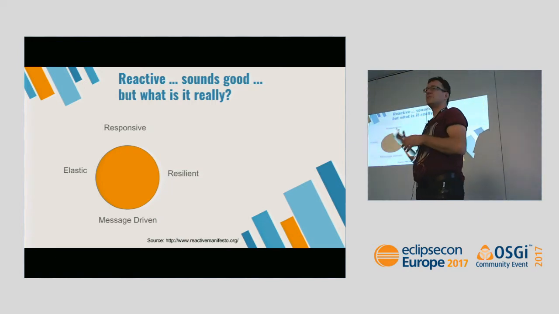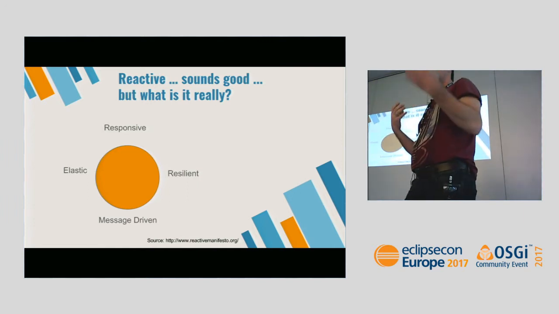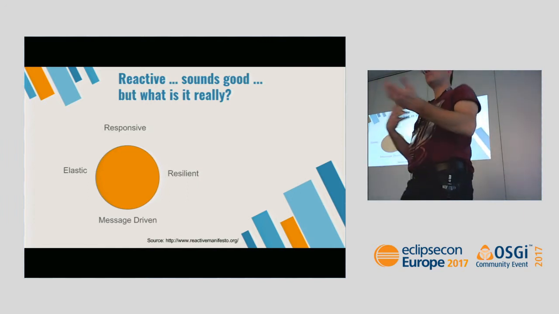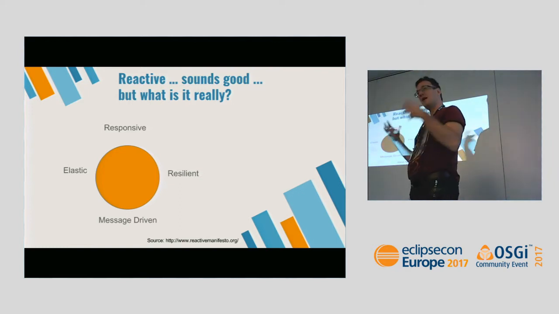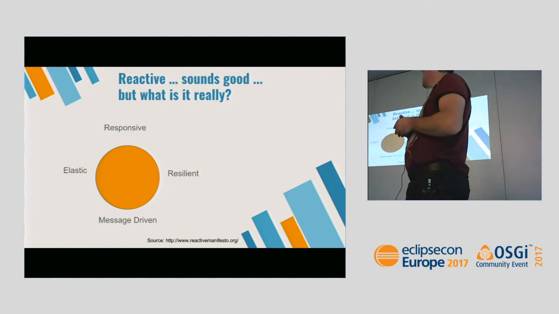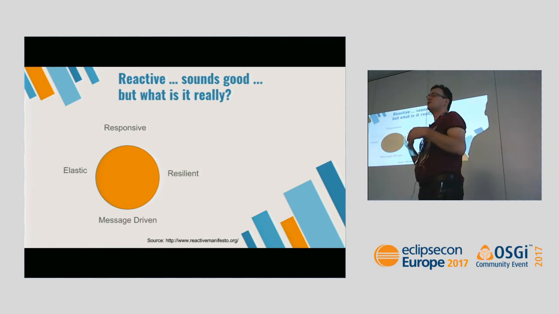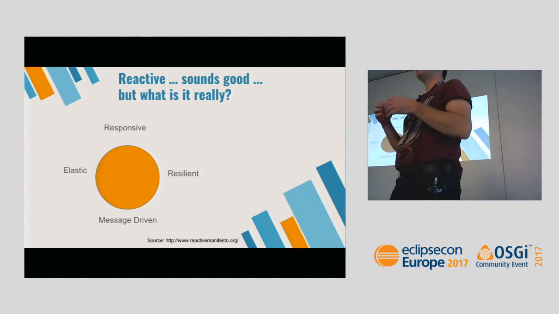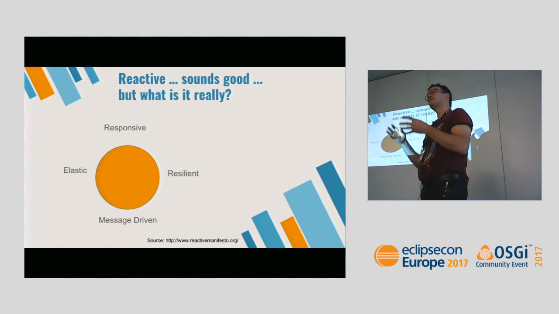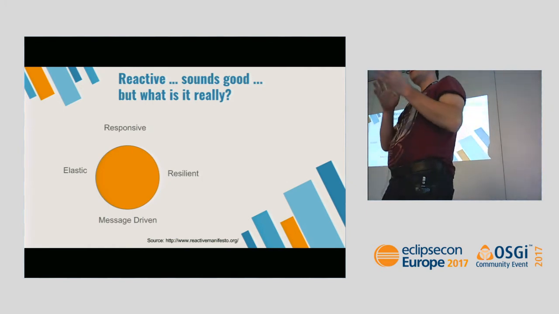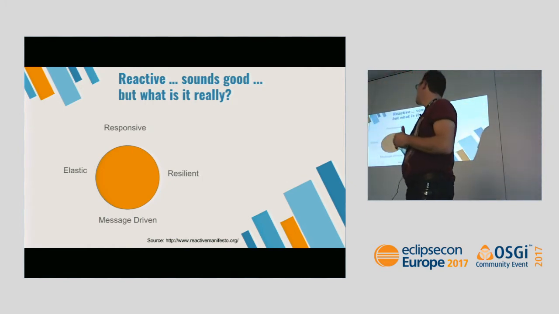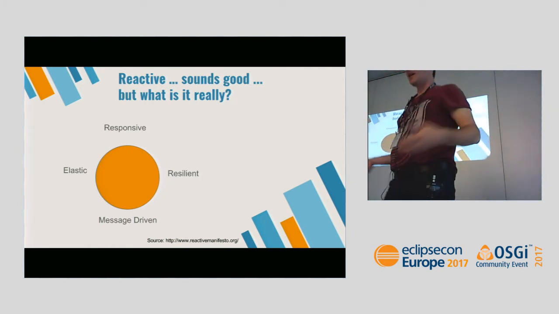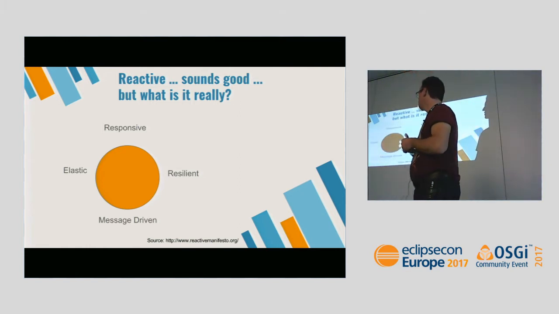And elastic means that you can react to new demand, you can fan out, you can scale to what is needed. Resilient means that you can cope with failure. So basically the idea is to isolate failure ideally in a small module and not let it basically take your whole system down or your whole cluster.